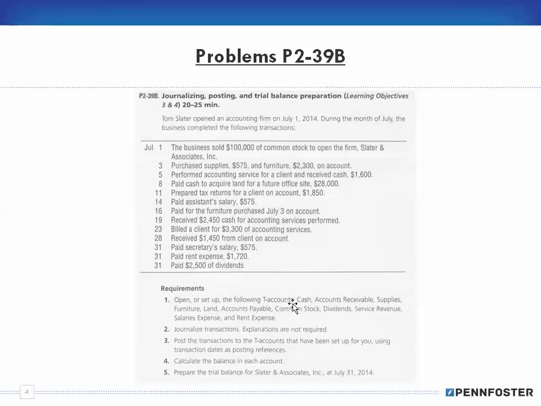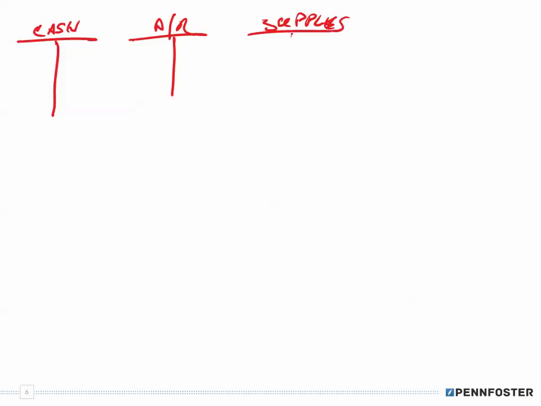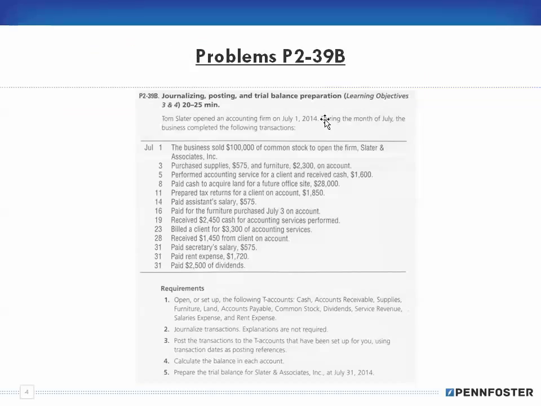I'm going to create cash, receivables, supplies, furniture, and then I think it was land.